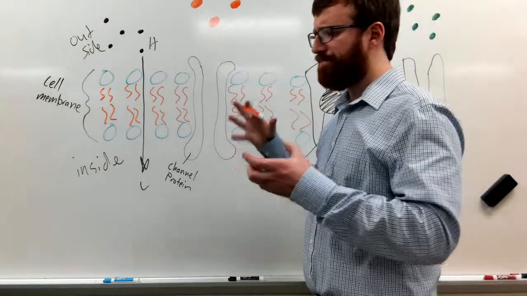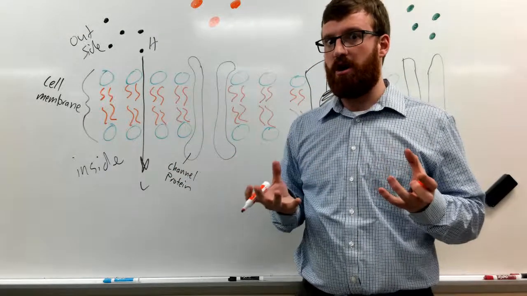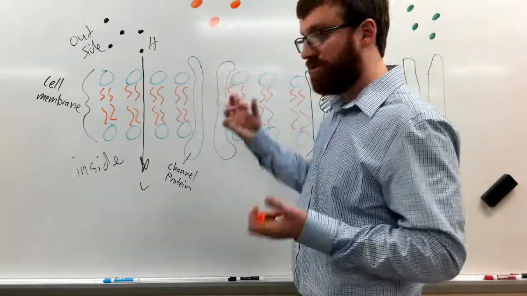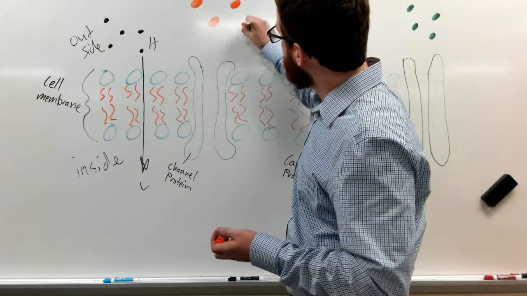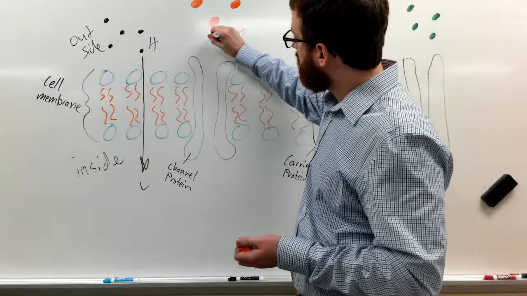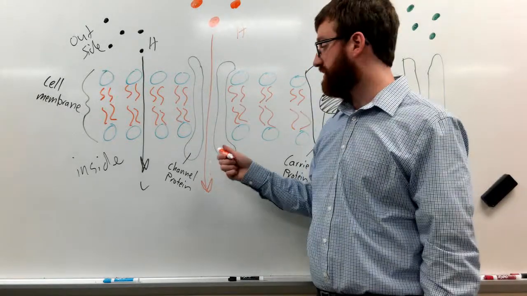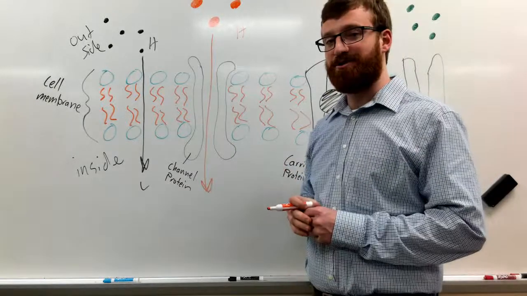Just like a train goes through a mountain using a tunnel, these channel proteins have little tunnels, or channels. So if we have a high concentration, these particles can go right through the channel protein. Some of my students call these hot dog proteins because they kind of look like hot dogs. Whatever helps you remember it.